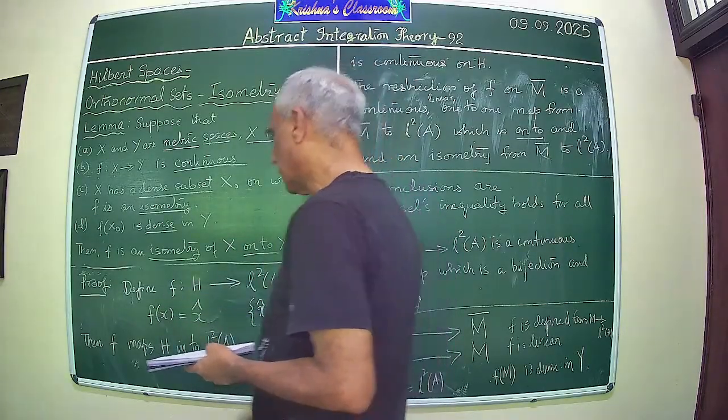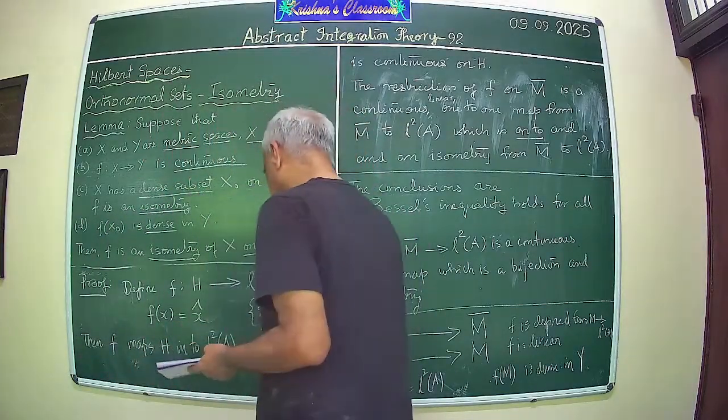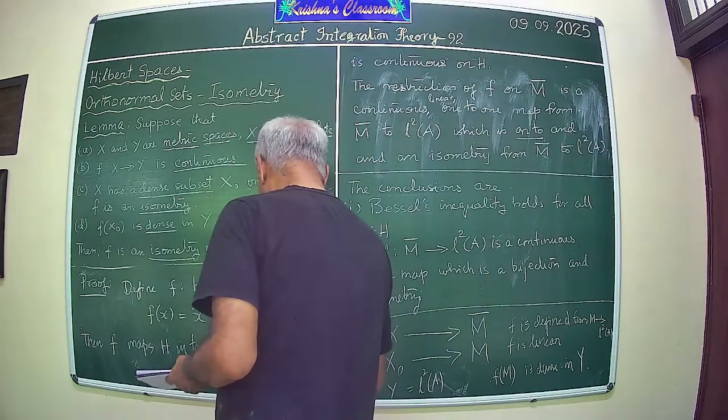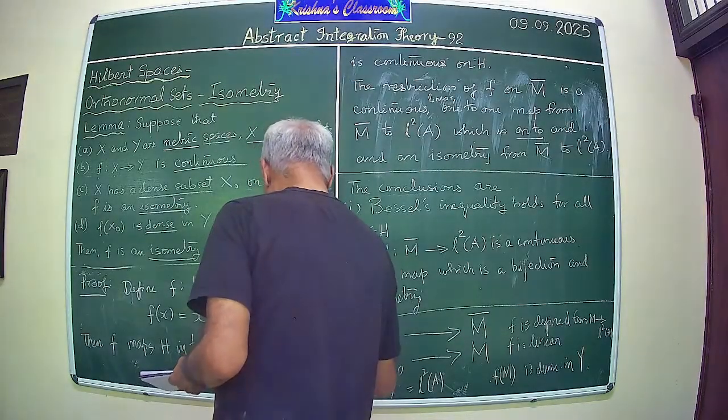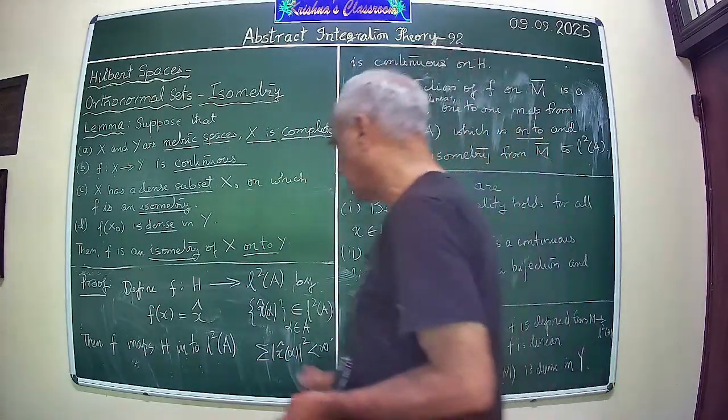So F is a mapping from H into L to A. So all that you have to prove is this, so that it's an element of L.